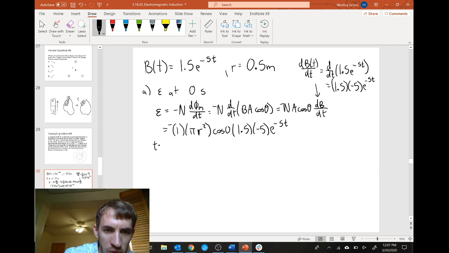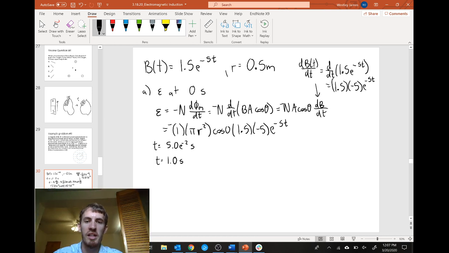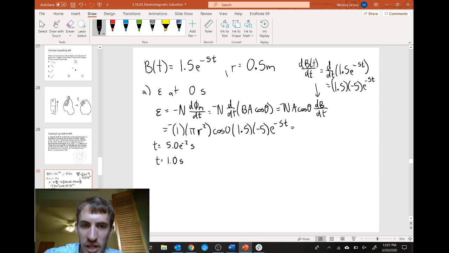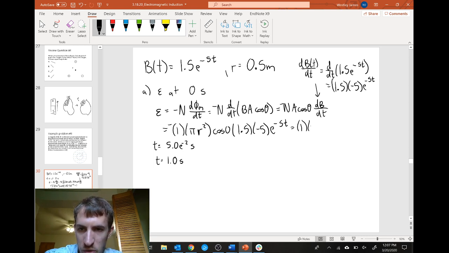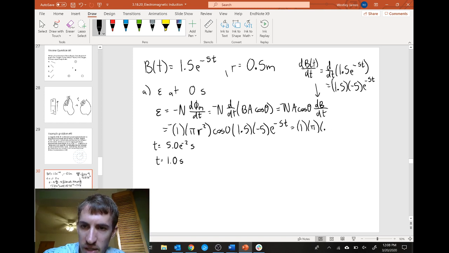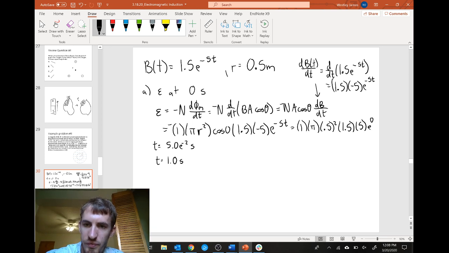So when t equals 0 seconds, when t equals 5.0 e to the minus 2 seconds, and when t equals 1.0 seconds, it's just plugging in this. So if we plugged it in here, I'll do this one very quickly. You get negatives cancel, and we get 1 times pi times 0.5 squared times 1.5 times 5 times e to the 0.